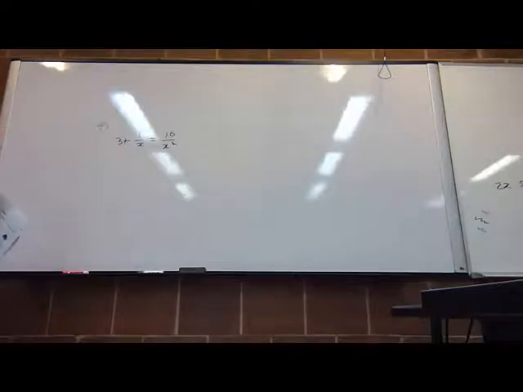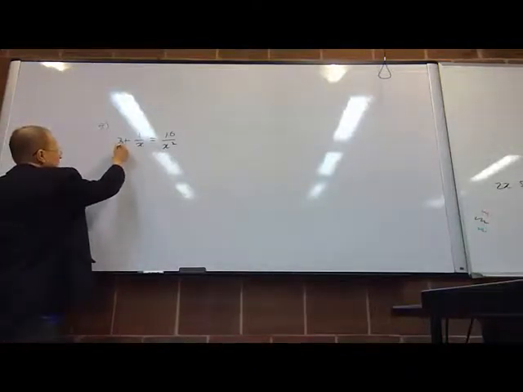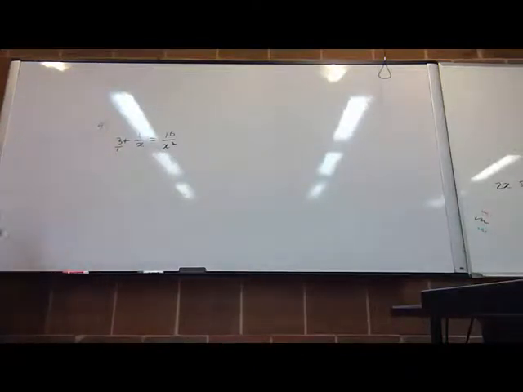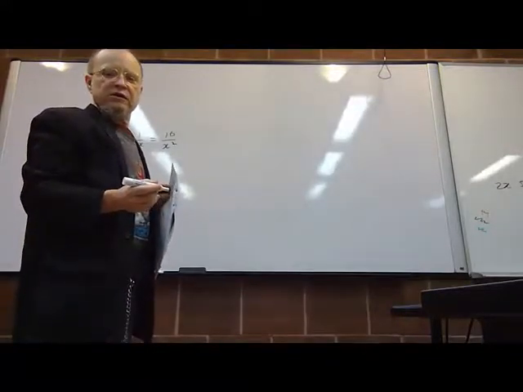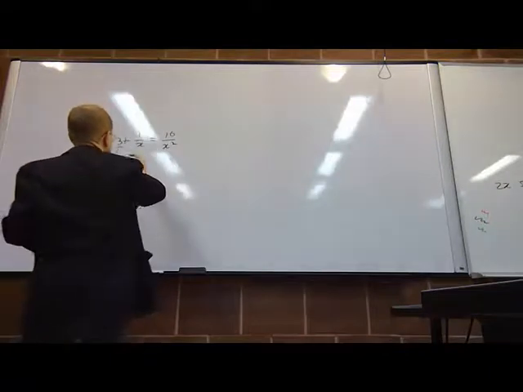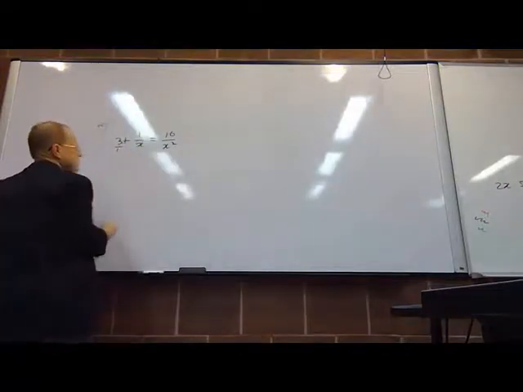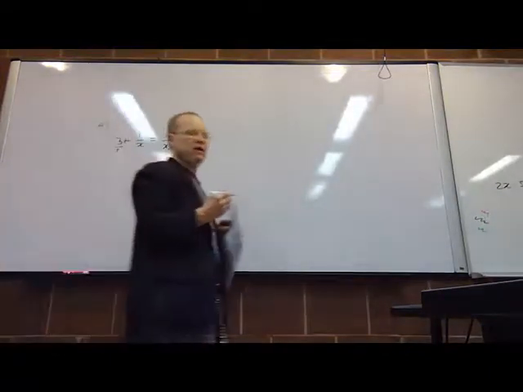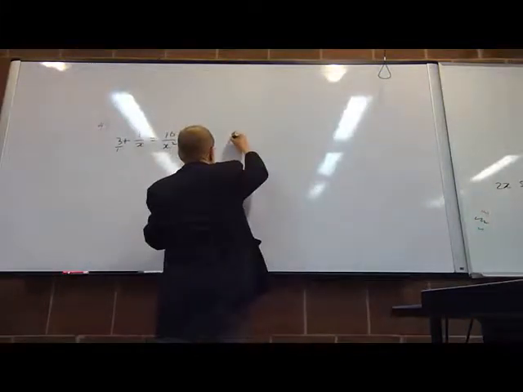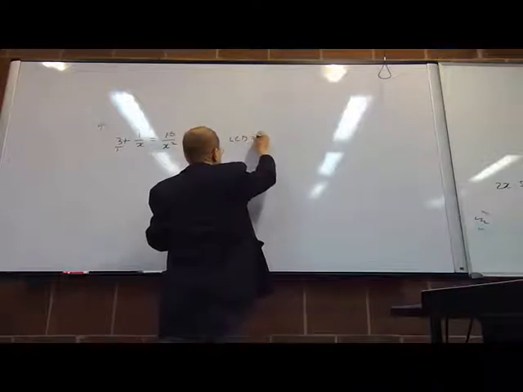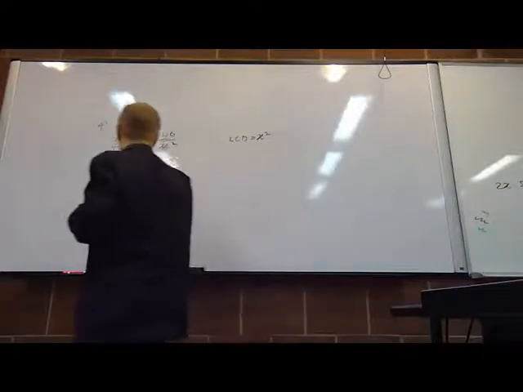Just by looking at this, and again, I'll put the 1 there so we know the difference between what's our numerator and what's our denominator. What we're going to do is see what our lowest common denominator is and clear our fractions. So the lowest common denominator is equal to x squared.